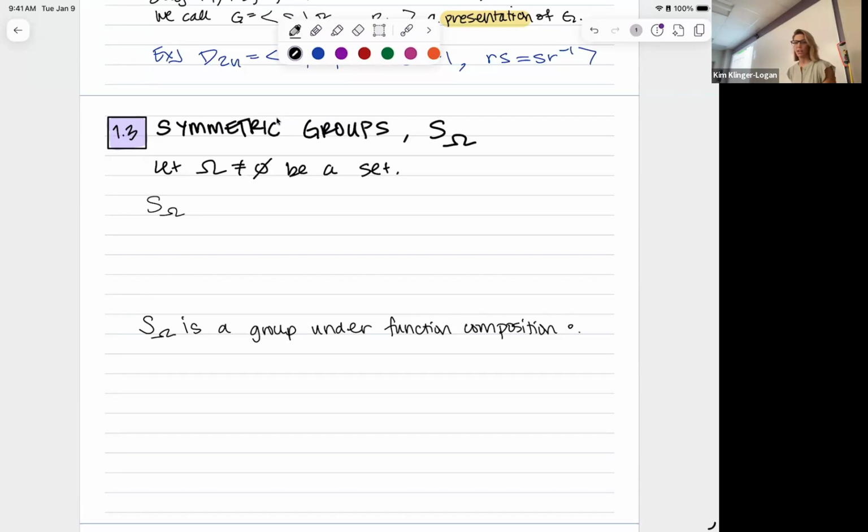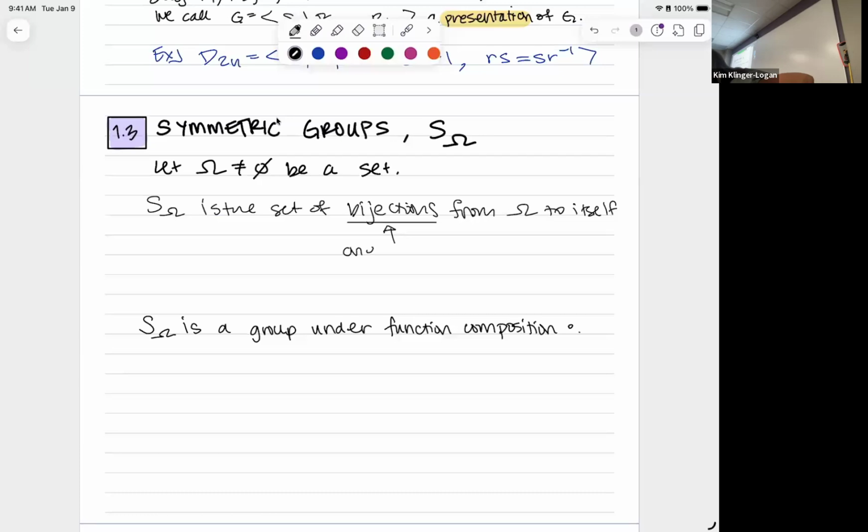So we'll say omega is a non-empty set. So this S omega is the set of bijections from omega to itself. And the set of bijections means this is the set of one-to-one, or injective, and surjective functions.